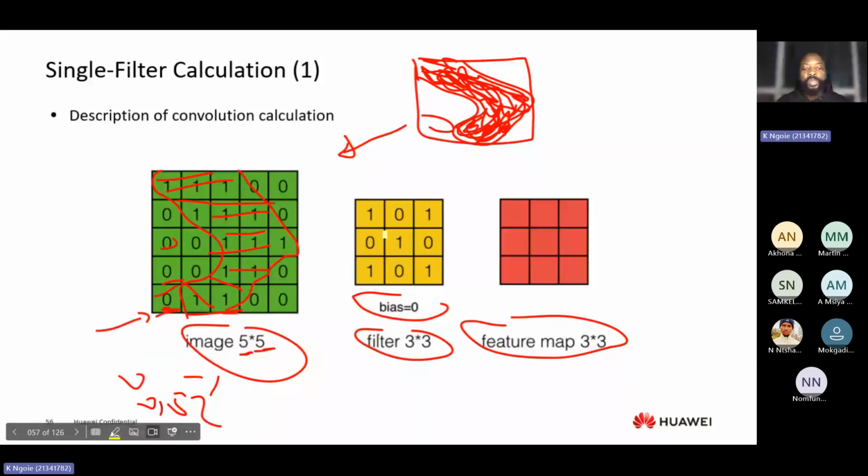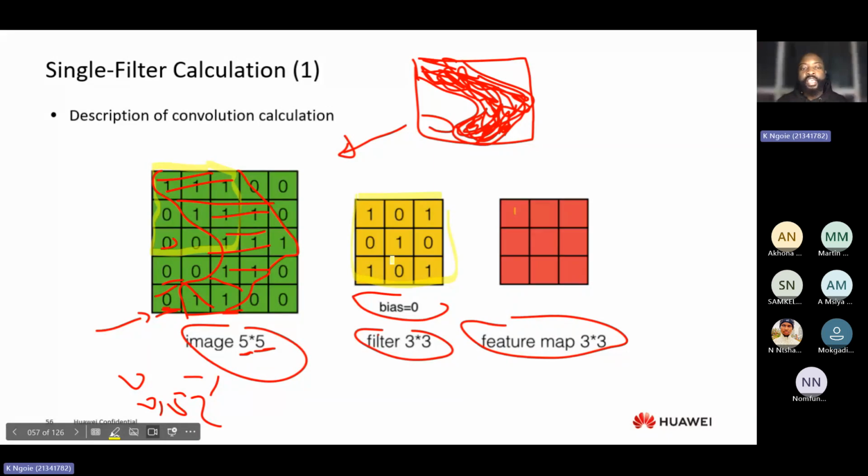What we have here is this filter, which will be applied to this. So it's going to occupy that value there, and that value will give us the value here.